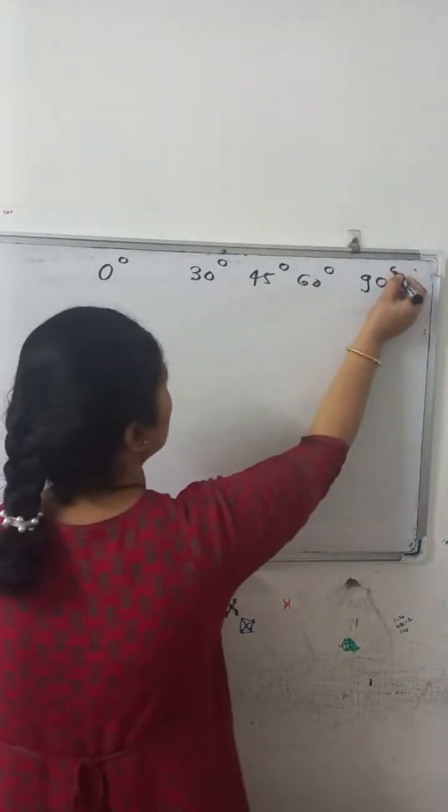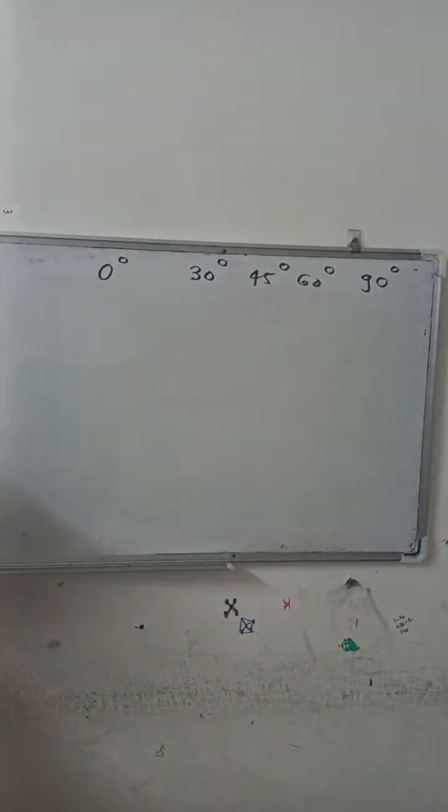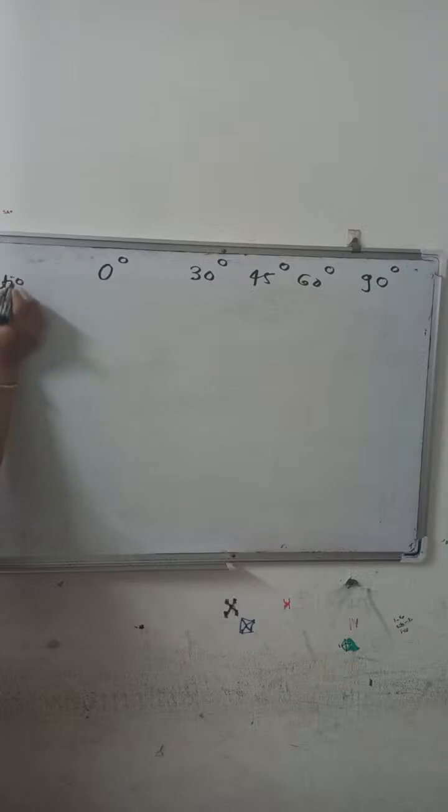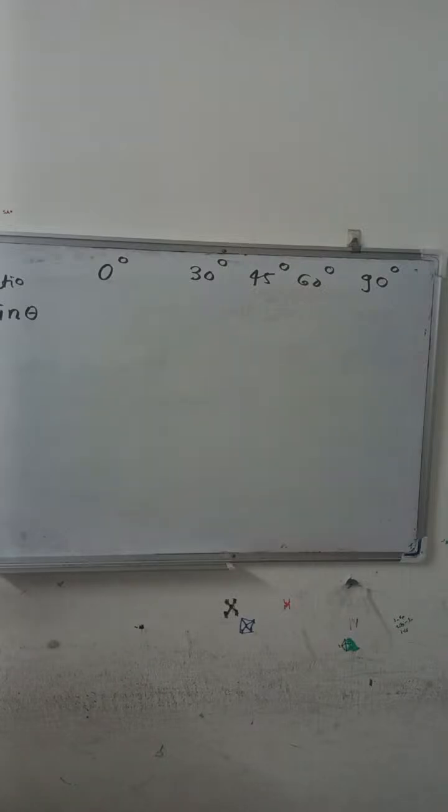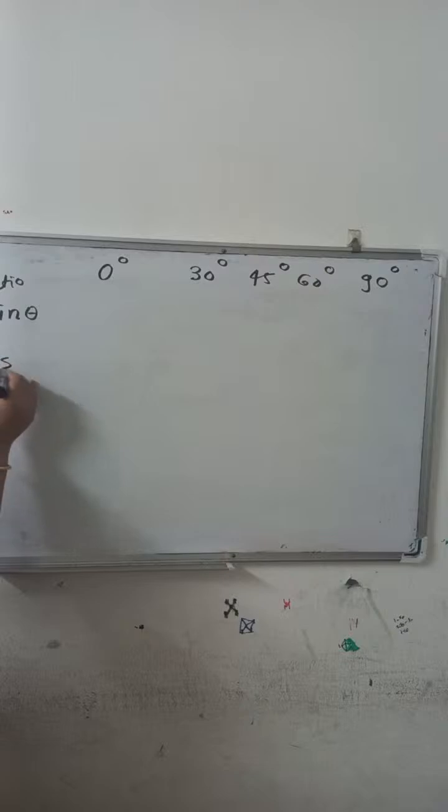These are the angles for which we have to calculate the values, taking the trigonometric ratios: first sin theta, then cos theta, tan theta, then cosec theta, sec theta, and last cot theta.